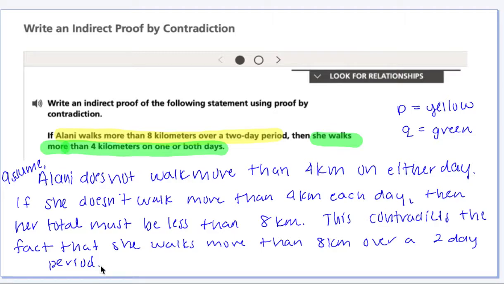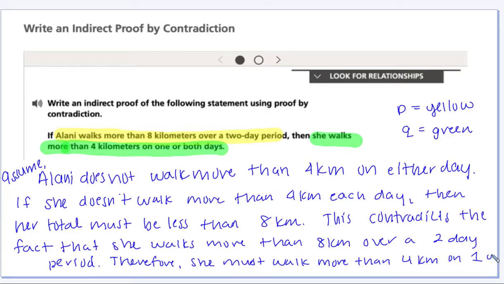So then therefore, she must walk more than 4 kilometers on one or both days. Kind of ran out of room there.